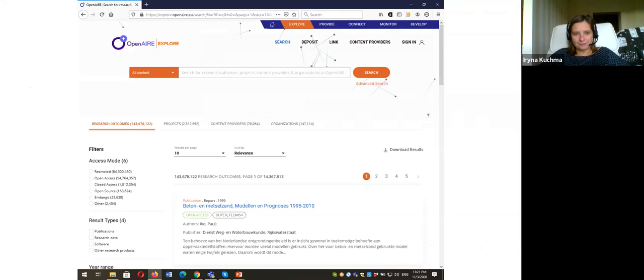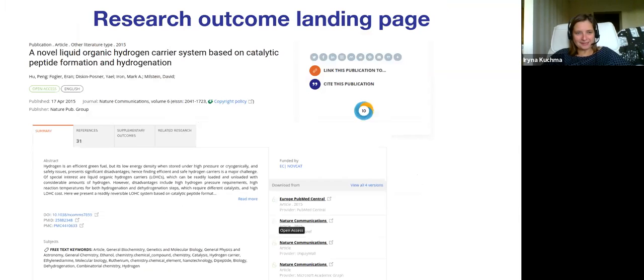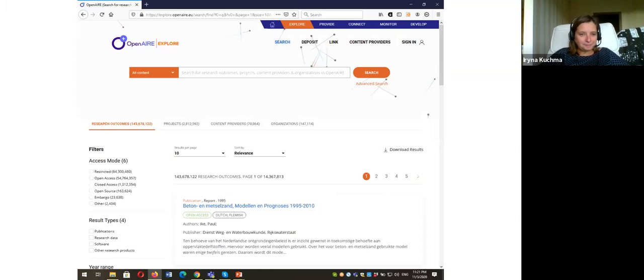So what we have now are 143 million research outputs, such as publications, research data, software, and other research products, and out of them 54 million are open access, and then another half is restricted access, and then there are some publications which are in closed access or embargoed access.